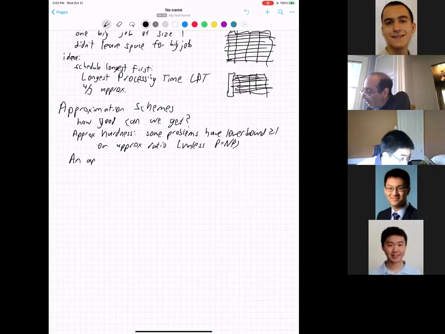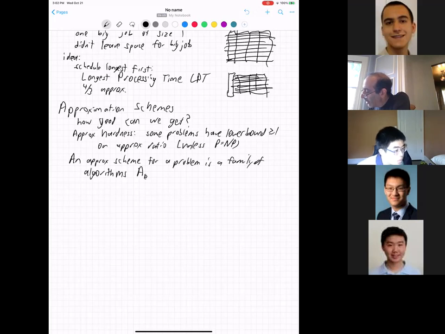An approximation scheme for a problem is a whole family of algorithms A sub epsilon, such that A sub epsilon is a 1 plus epsilon approximation algorithm that runs in polynomial time.